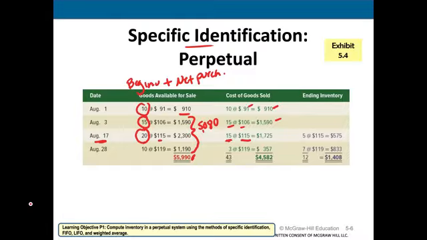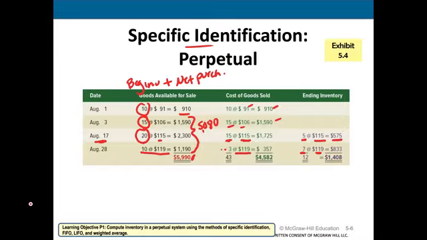They didn't sell at $115. It's specifically those bikes, which means we have 5 bikes left from this batch at $115 remaining in our ending inventory. And then the problem tells us that 3 of the bikes were sold from the August 28th batch, so we allocate a cost of $119 to them. That leaves us with 7 bikes left in our ending inventory at $119.